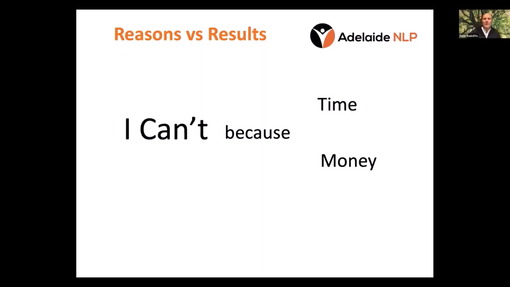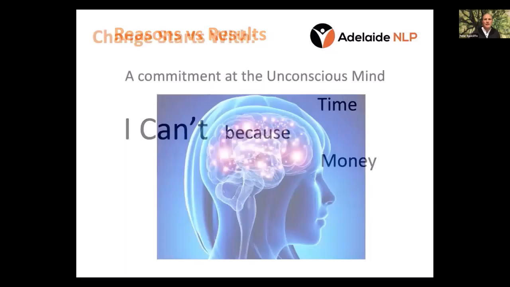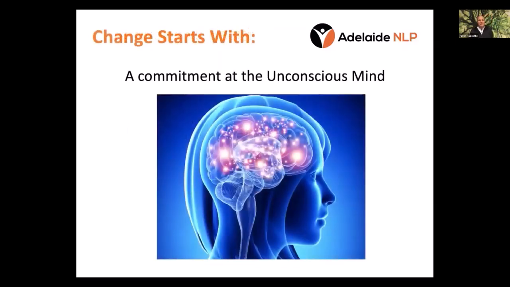So think about where you are, whether you're in the white zone or the black zone or the grey zone, and how that affects your decision making. Because what we really want is change starts with a commitment at the unconscious mind. Now, when we're in the grey zone, we have that luxury, because life isn't going too bad, we have that luxury of putting things off, of procrastinating.